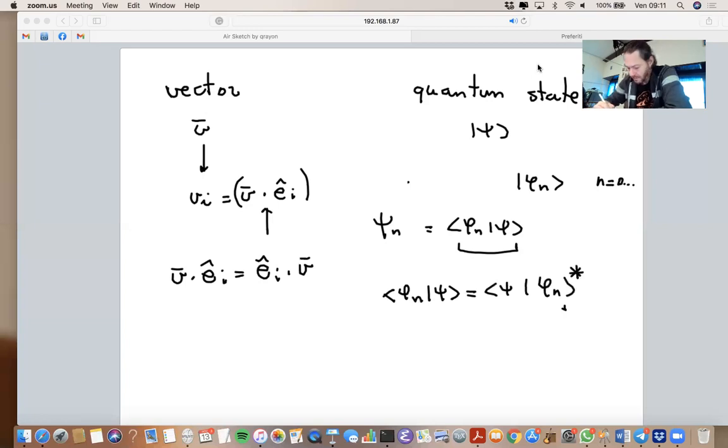And it's the following statement, that you can always flip the order in the inner product, but you have to take the complex conjugate of the results, because in general, inner products in Hilbert space are complex numbers, while the inner product that is used in classical mechanics is in the real field. Okay, so I think that was a big part of what we said last time.